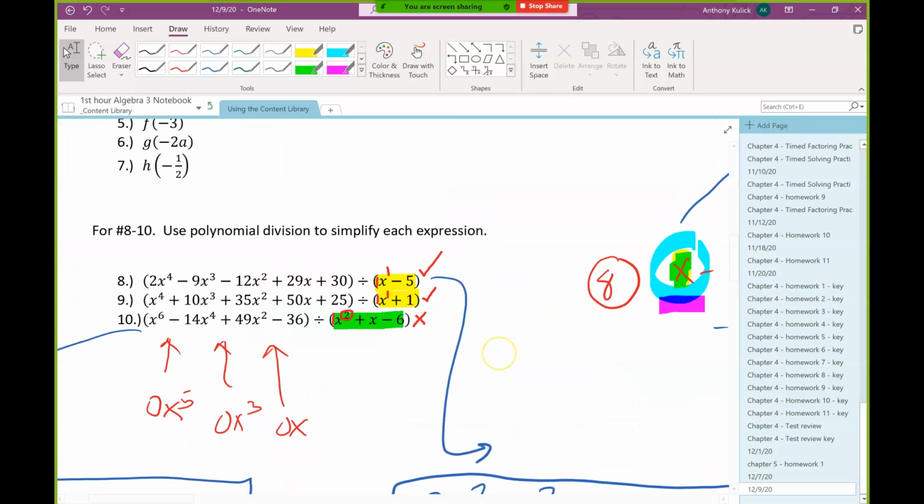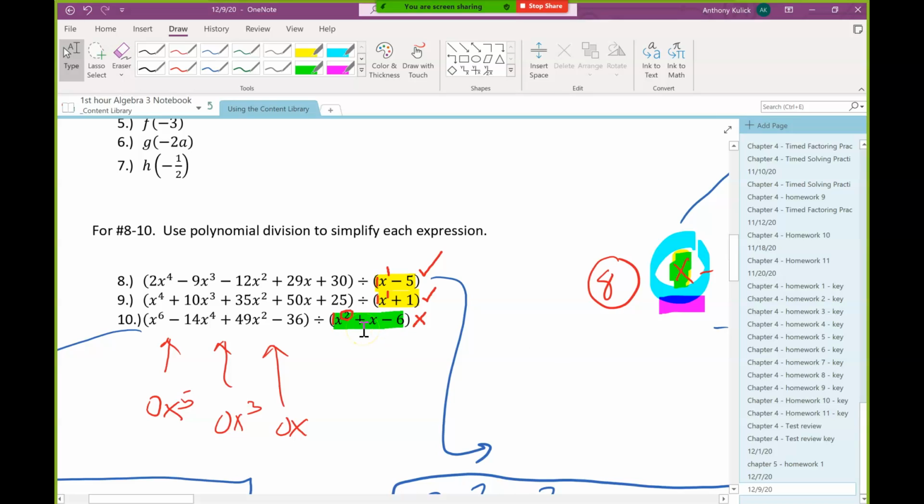example. So I'm just going to steal the example here from number 8. Since we've done this already by hand, we'll do this same one using synthetic division, just to contrast how nice of a shortcut that really is.